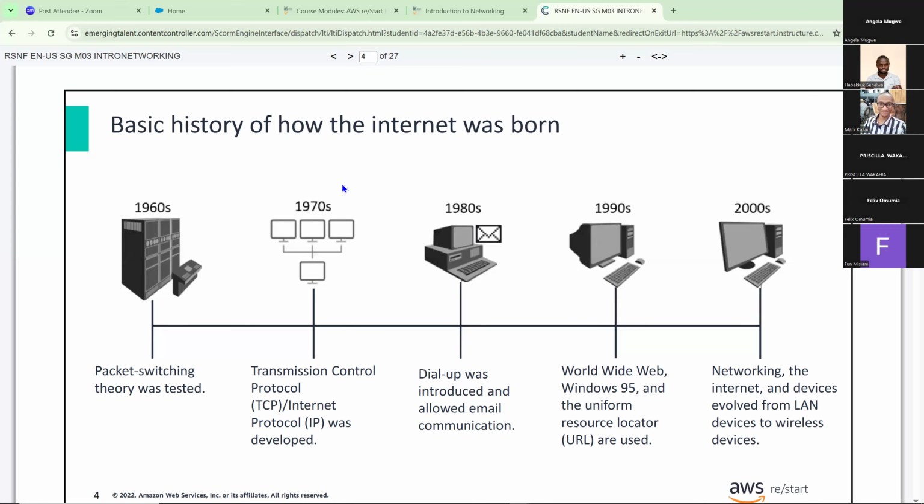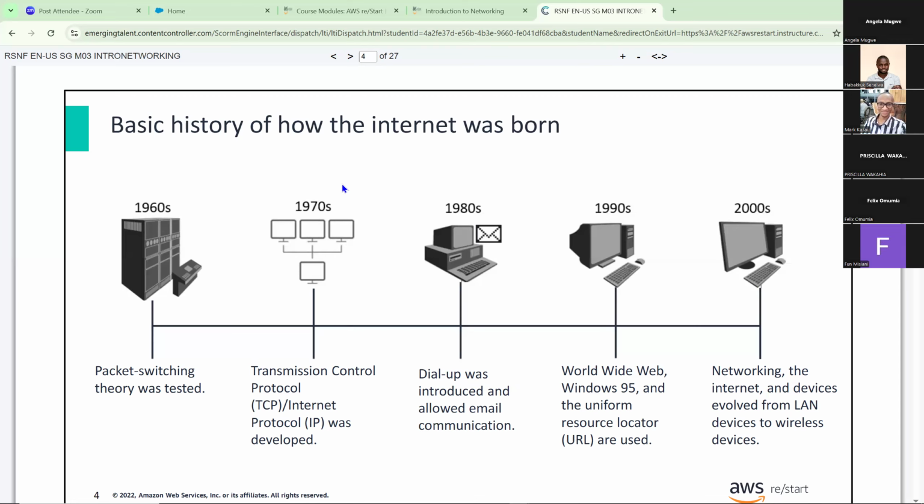But fun fact is that this evolution as it came, you see, things are being improved as we move towards where we are at today. So we have the World Wide Web, we have Windows 95, and the URL being developed around the 1990s. And then come the 2000s.